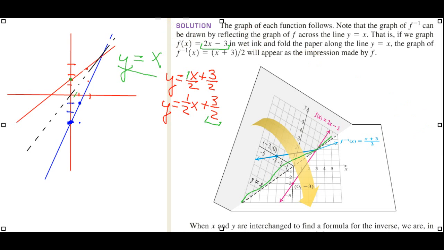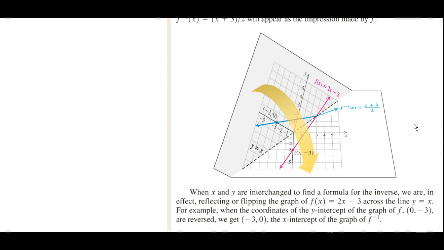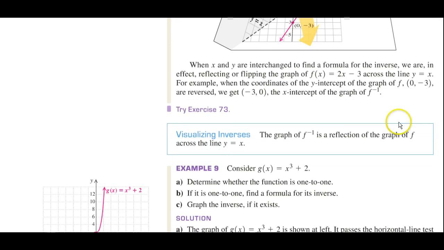Let's continue. When x and y are interchanged to find the formula for the inverse, we are in effect reflecting or flipping the graph of this across the y equals x, which is that line of symmetry there.